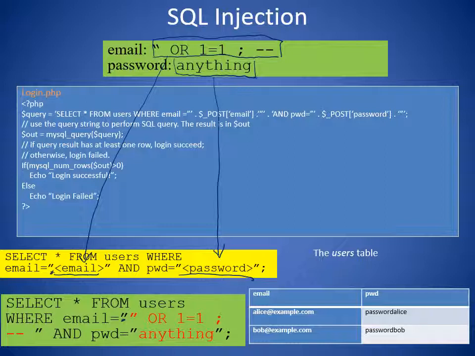And since the user provides a double quote as the first character of the email field, this double quote is going to be filled in, followed by or 1 equals 1 and then a semicolon and a double dash, followed with another double quote that is matching the first double quote, and the password equals anything.